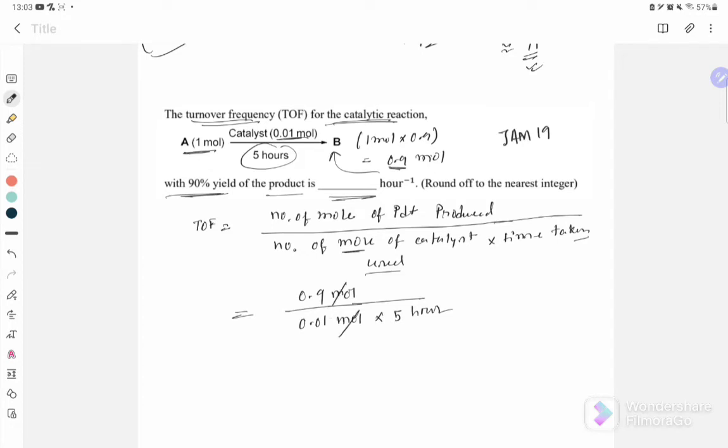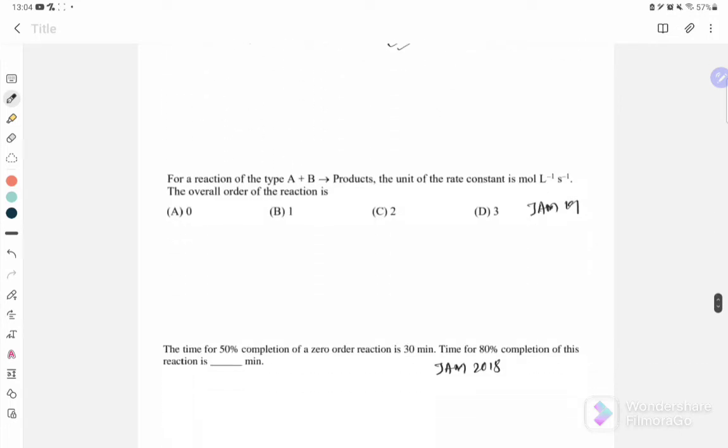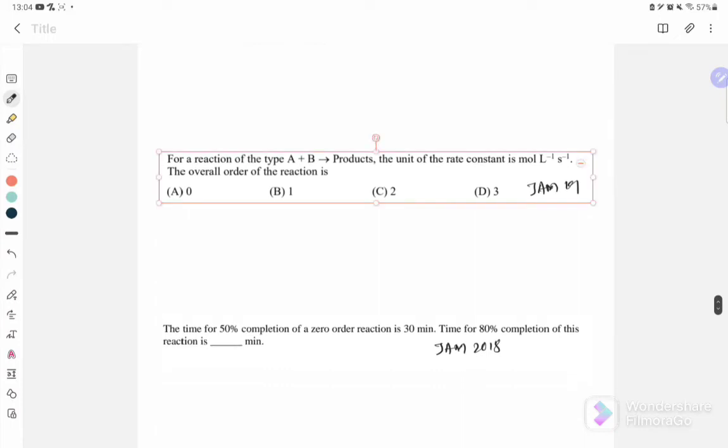So mole cancels out, and that is 18 per hour. Okay, this is the answer. So next question.